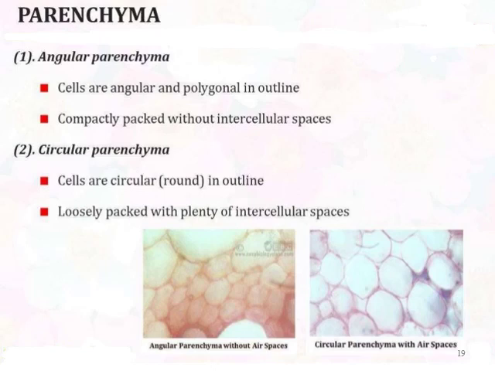The second, we have the circular parenchyma. These cells are circular in shape and they are loosely arranged. Due to this, it contains intercellular spaces.